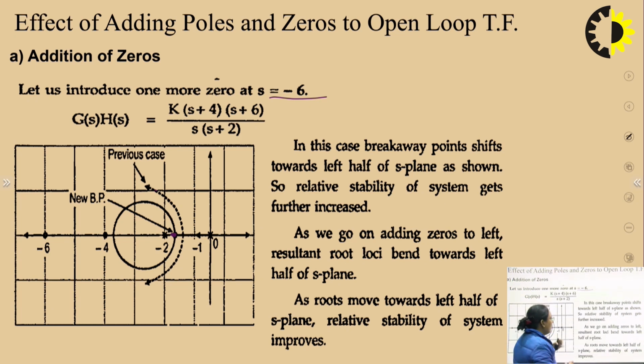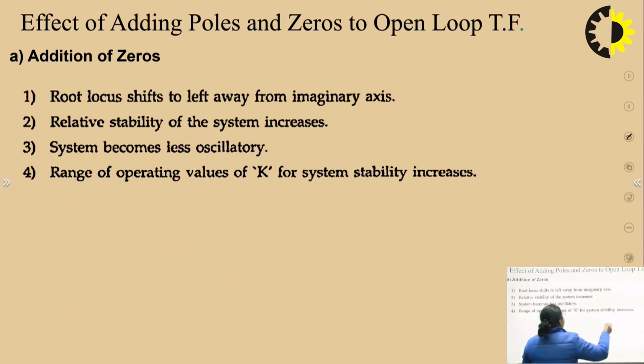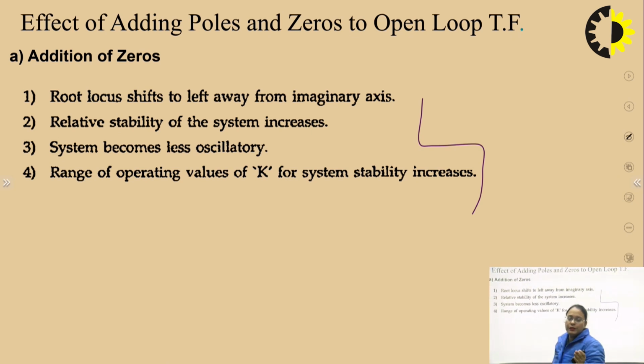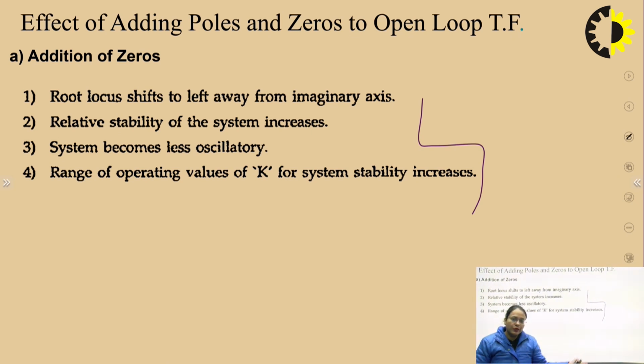So we go on adding to the left. While we go on adding zeros to the left, the resultant root loci will shift towards the left half of the S plane, and the relative stability of the system will get improved, right? So these are the effects of adding zeros on the system: the root locus will shift towards the left half of the S plane.